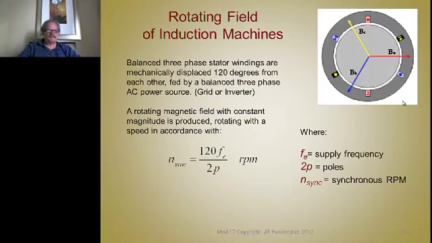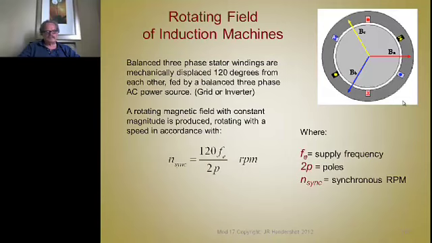So the rotating field in an induction machine is created by balanced 3-phase stator windings that are mechanically, physically displaced in the stator core 120 degrees apart from each other. These 3 phases are fed by balanced 3-phase AC voltages. A rotating magnetic field with constant magnitude is produced, and this rotating field in the stator rotates with a speed in accordance with this formula: 120 times the frequency divided by the number of poles.